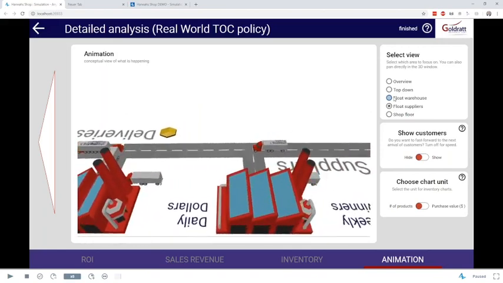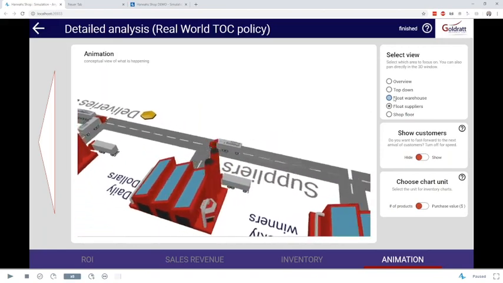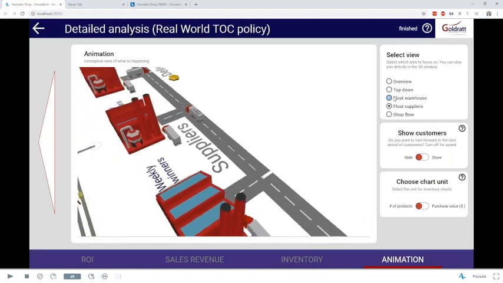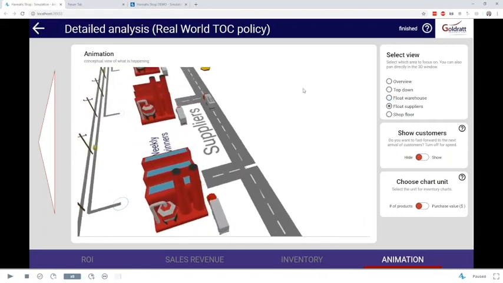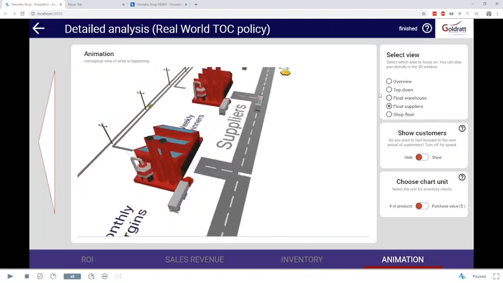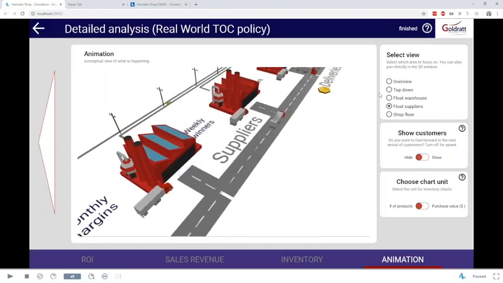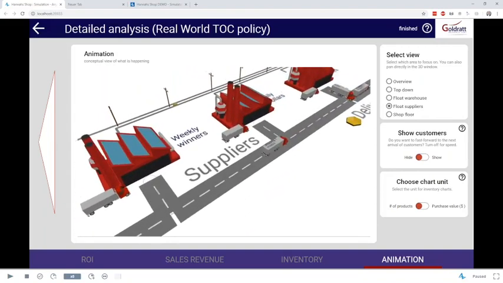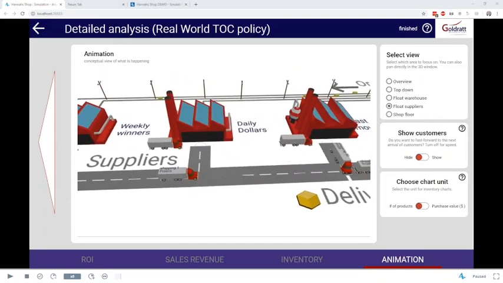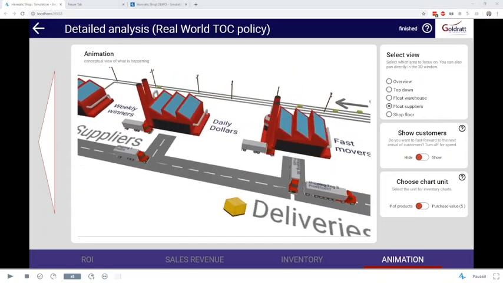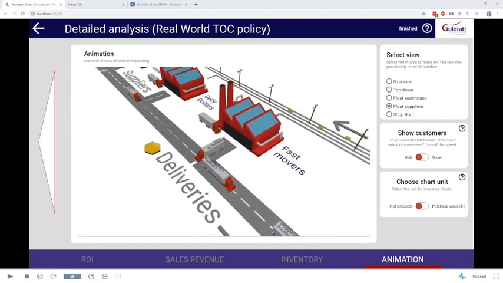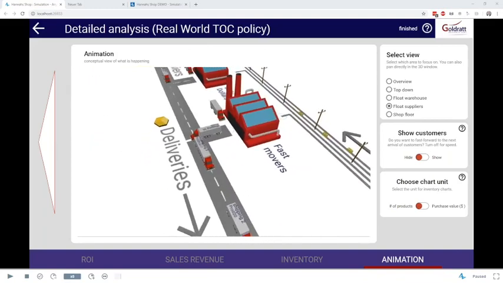But we found quite often cases where, especially in a TOC case, as you increase volatility, so variability in demand and in supply lead time, the real world environment actually outperforms the perfect world environment, which gives us a hint that these theory of constraints rules love to be able to deal with volatility, and it can end up performing even better in a real world scenario than what we would have predicted in perfect world environments. So that's just a brief summary.